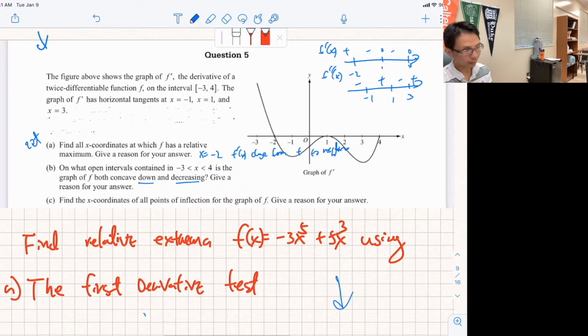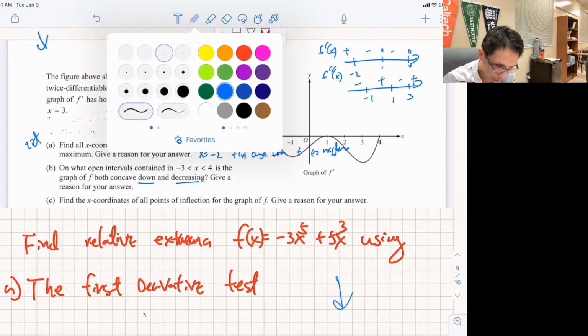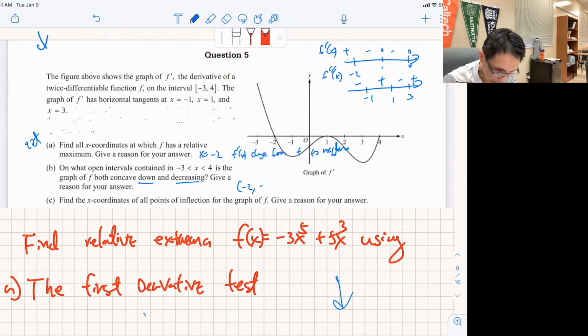Not so easy a point. I made a very common mistake that everybody usually makes. And both concave down and decreasing. So what would that be? -2 to -1. Okay. -2 to -1, union 1 to 3. Yep.